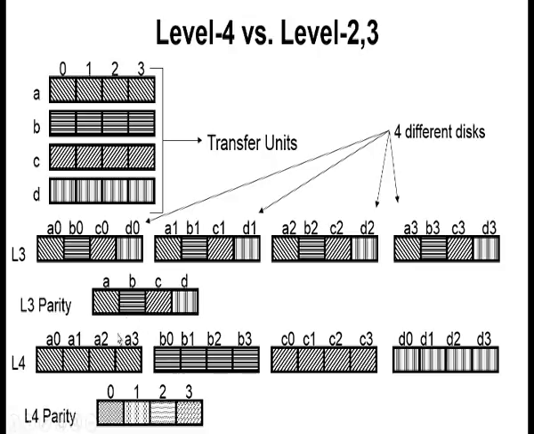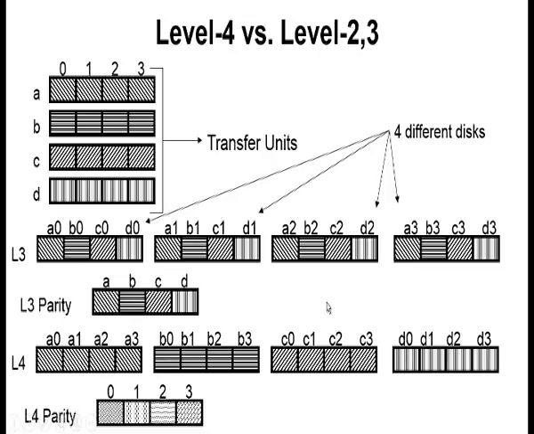But in the case of level 4, you are doing block interleaving. So, one byte will be kept in only one disk, and the second byte will be kept in the second disk, and so on. While you are calculating the parity, you calculate the parity bit over the first bit of the first byte, the first bit of the second byte, the first bit of the third byte, and the first bit of the fourth byte.